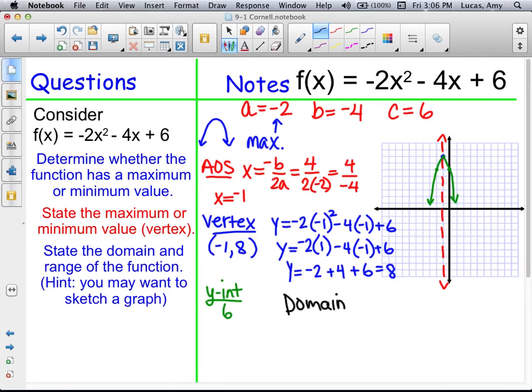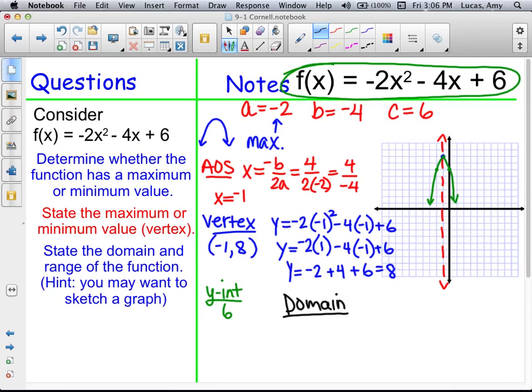Now, the domain is all of the possible values for x. I want you to think about this function, and I want you to think about the values that we could plug in for x. Are there any restrictions? If we choose a negative number, any negative number at all, can we plug it in and solve it?